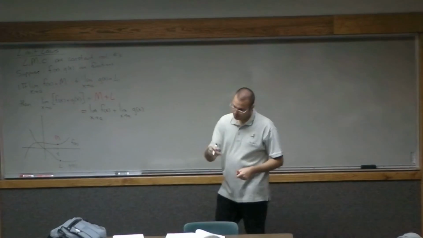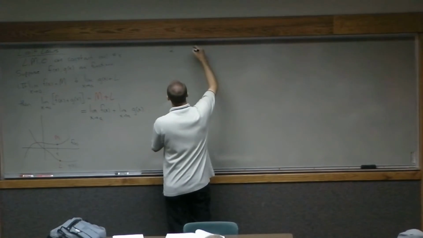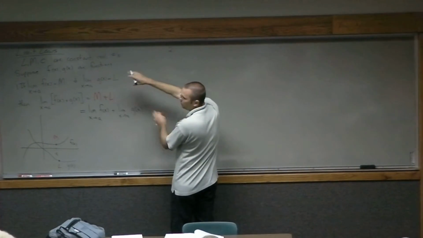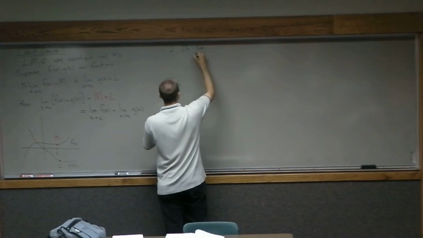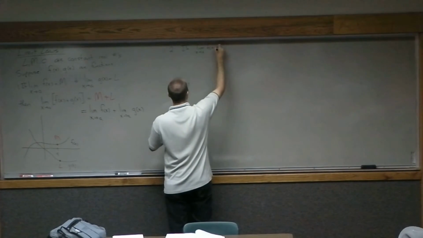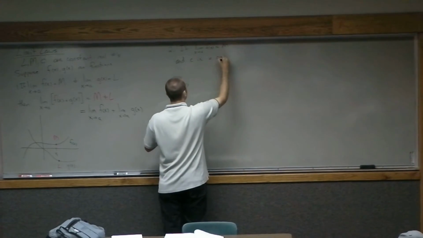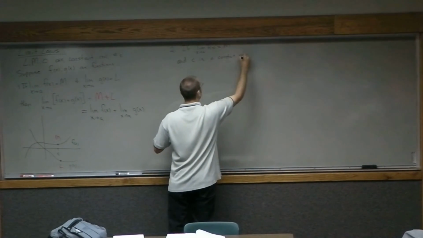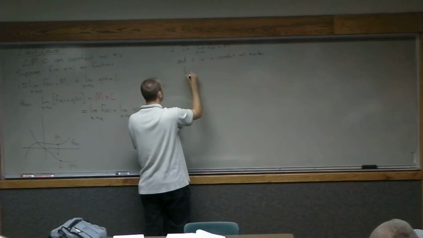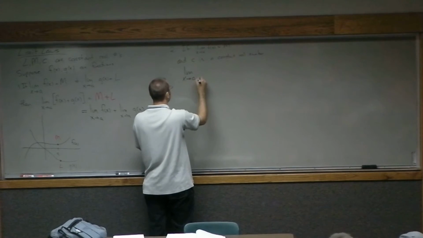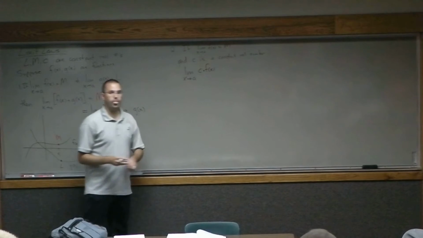All right. Rule 2. Same hypotheses, limit of f of x is M. And c is a constant real number. The limit as x approaches a of c times f of x.